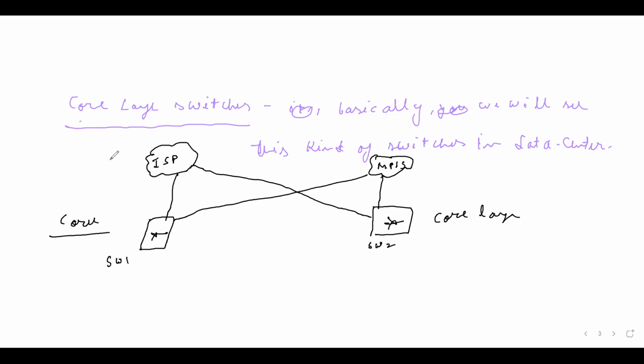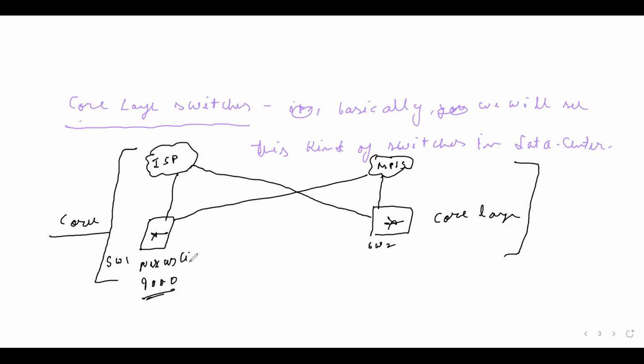You will find this topology in real time also. They directly deal with your internet service provider or layer switch. In data center, and basically in core layer, you will find Cisco Nexus 9000.